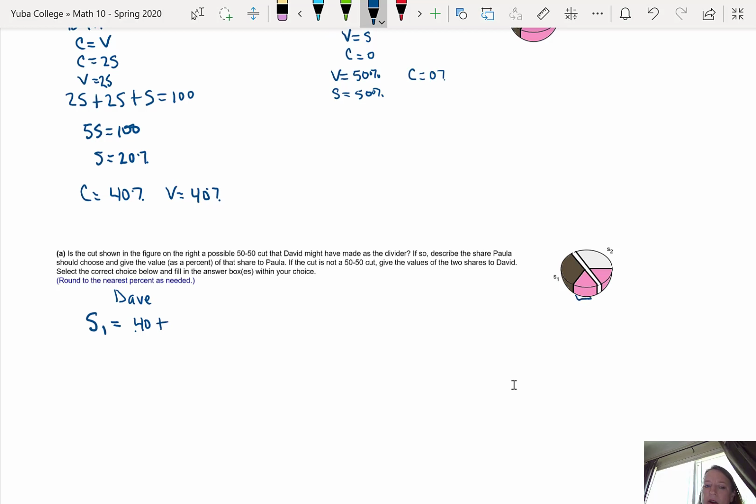Plus he has this part, which is half of the strawberry, but he only values the whole piece of strawberry as 20%. So this is equal to 40% plus 10%, which is 50%. So if he views S sub 1 as 50%, then he has to view S sub 2 as 50%.